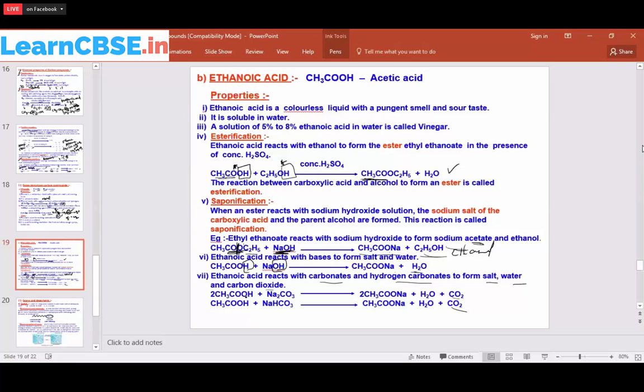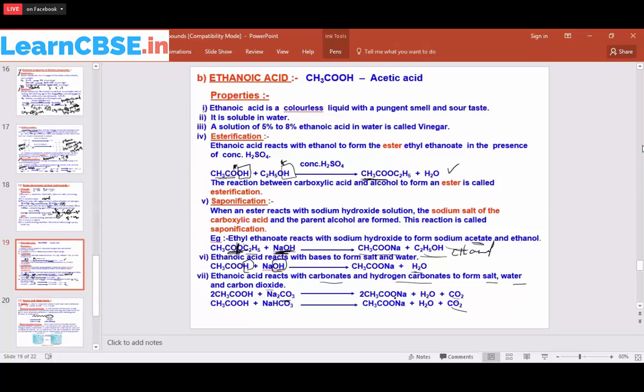So CH3COOH acid, when we treat it with Na2CO3, here the CO3 is there, right? So the CO2 will be removed and in the place of the hydrogen we substitute the Na.